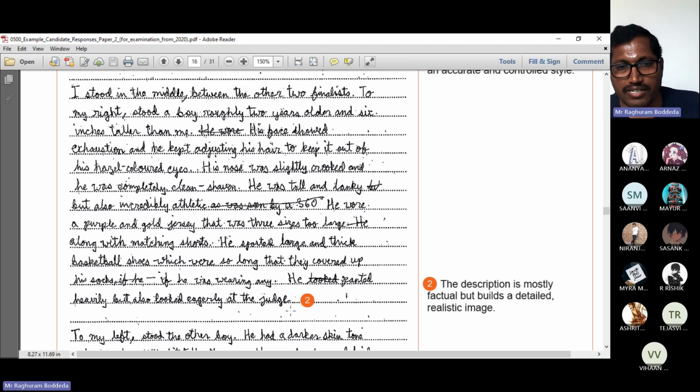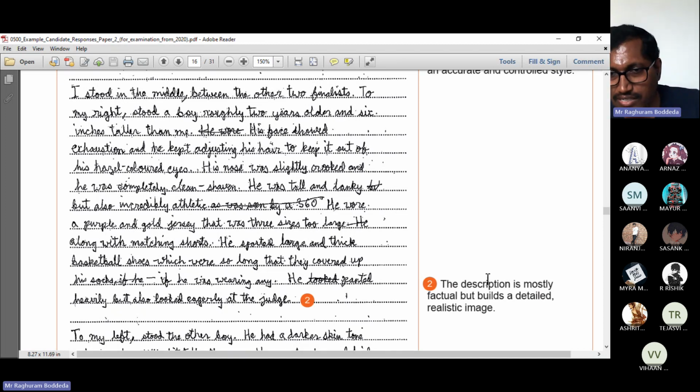And the last sentence here, he panted heavily, but also looked eagerly at the judge. The sentence is already connected to the beginning. They are eagerly waiting. The first sentence itself is about eagerly waiting for the verdict of the judge. Now the same thing is continued here, linking to the previous paragraph, right?